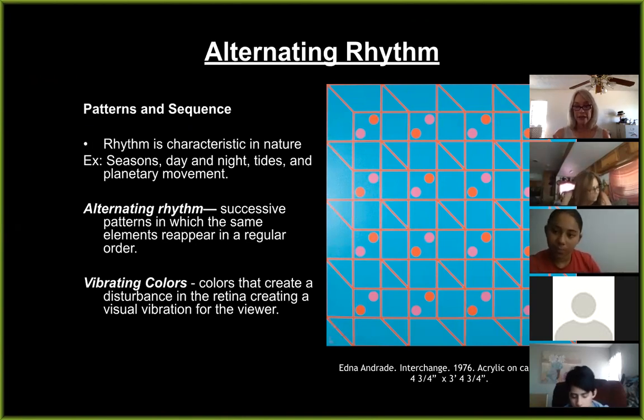This is another example of vibrating colors. We saw that earlier with the vertical piece at the very beginning of this section. These are colors that are almost complementary on the color wheel, and they create a little bit of a disturbance in your retina, which creates a vibration.